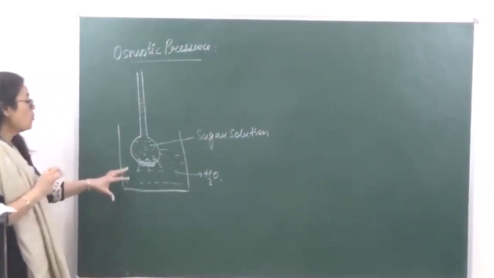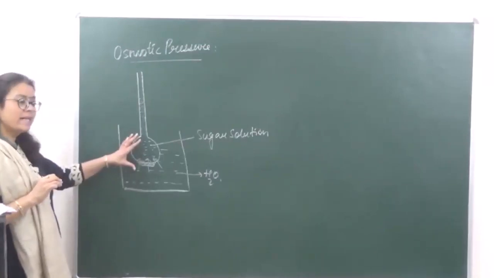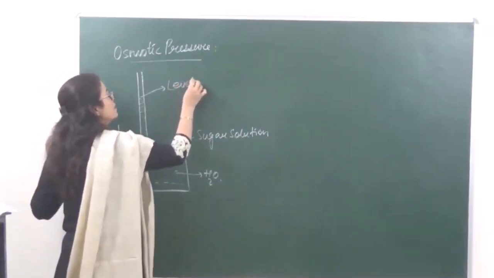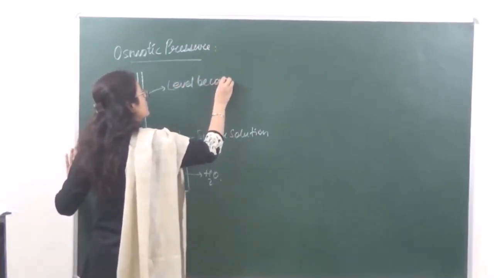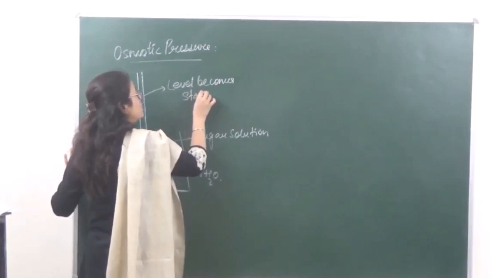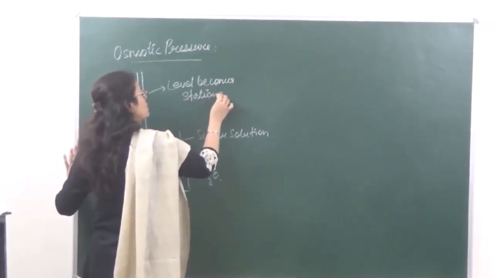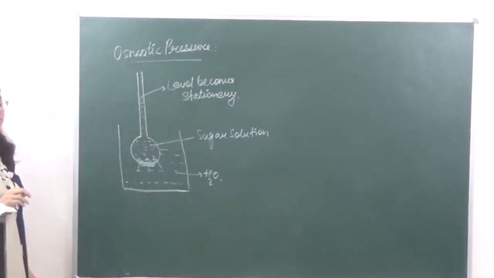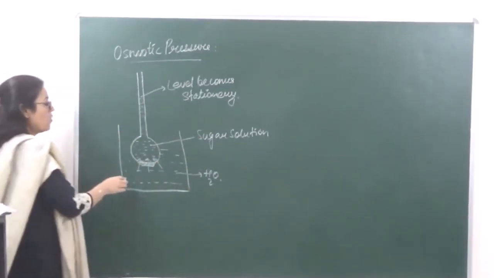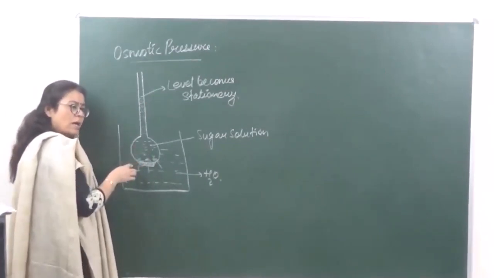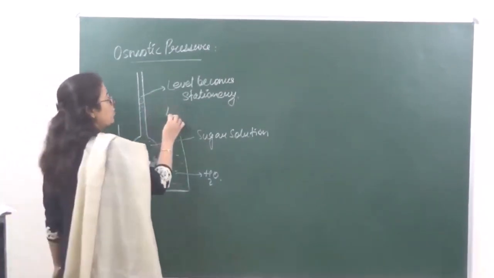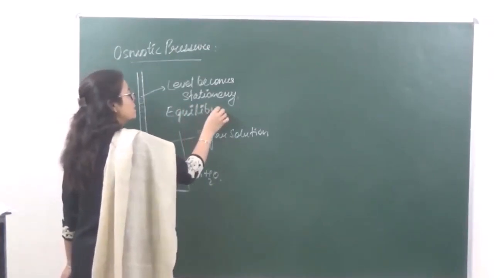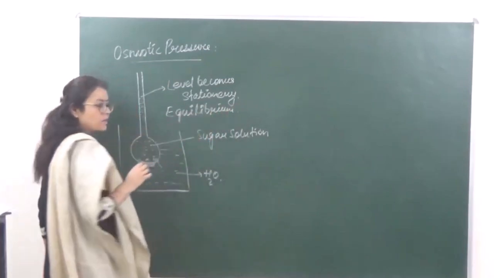That means no more water is entering inside the thistle funnel. That means that an equilibrium has been developed. The amount of water which is going inside is also coming outside. So at this particular point, we say that an equilibrium has been developed.